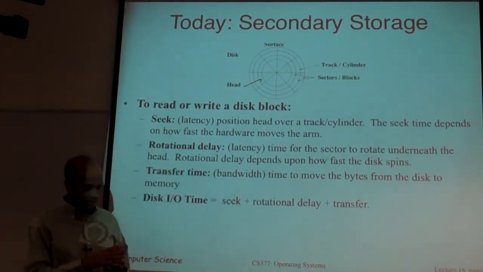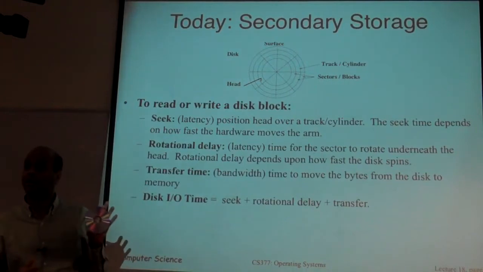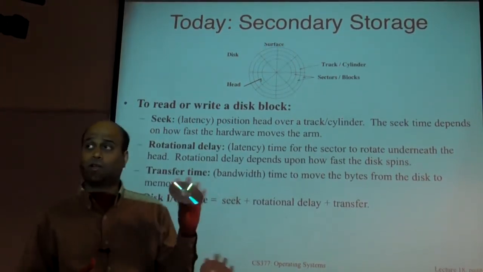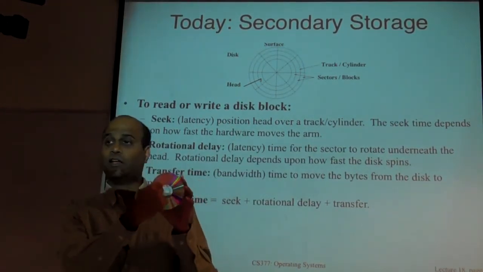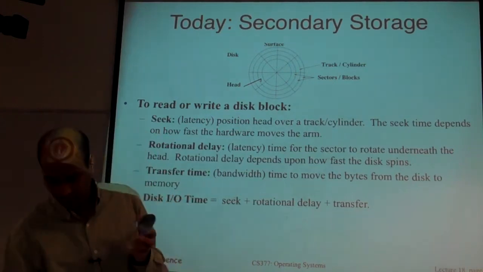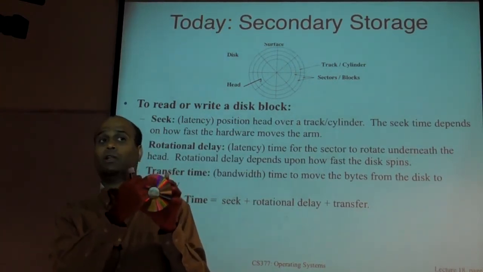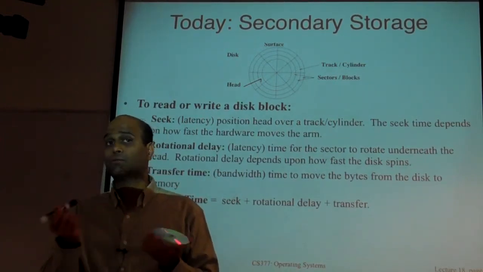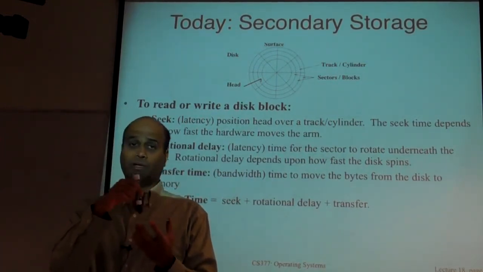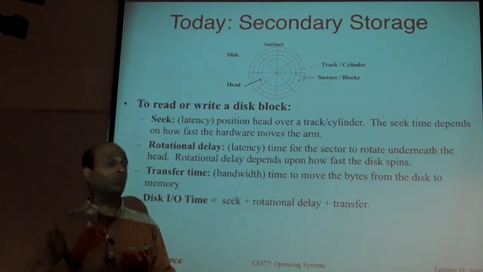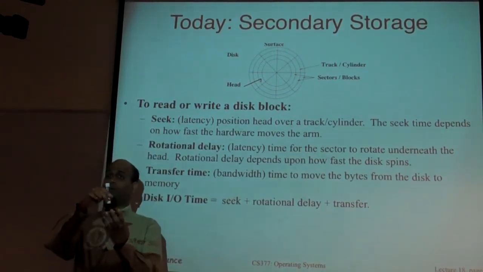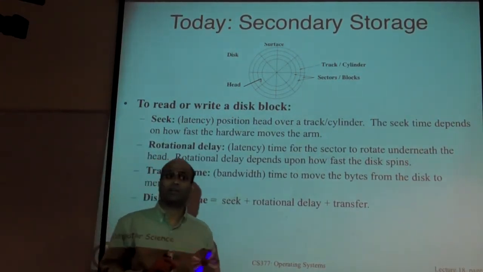You will see that the data is recorded in concentric tracks. The disk spins, and there's a disk head that moves back and forth. So that's your disk head. If it's positioned there, then it can read whatever is right underneath it. As it's spinning, you can basically read the entire track. If you want to read another track, you have to move the disk head back and forth and position it on the right track.